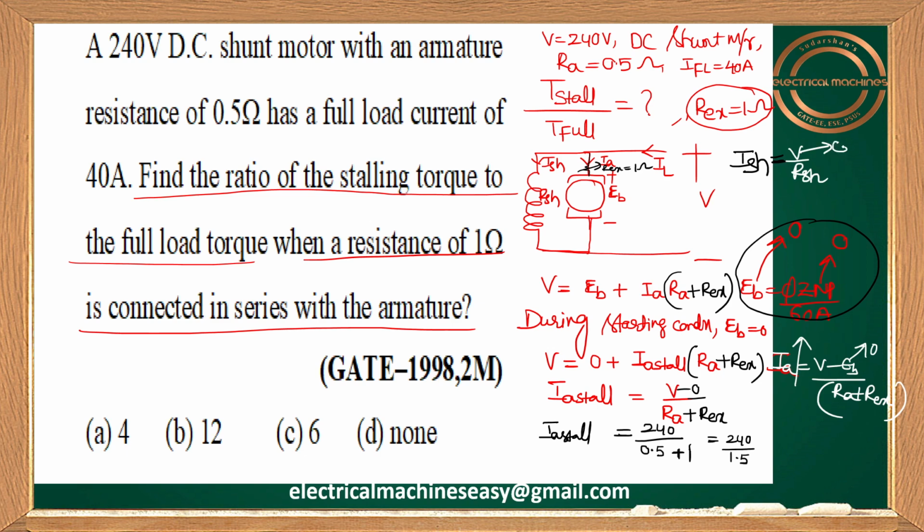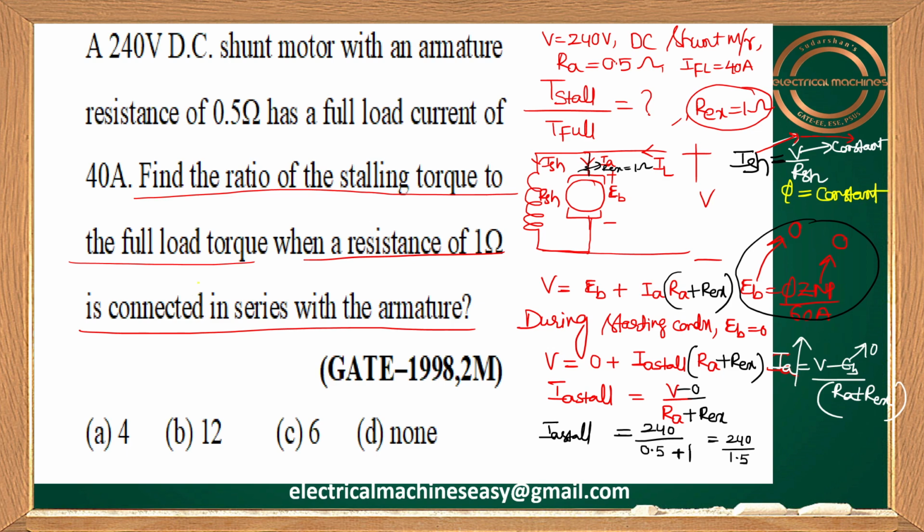As long as the supply voltage is constant, ISH also remains constant, so your flux also remains constant. That is a very important point in this discussion. So you should take flux equal to constant here. If you know that small logic, then you'll get the answer.